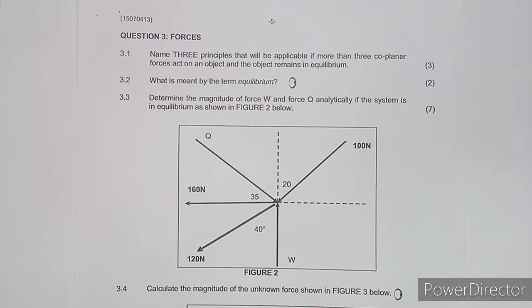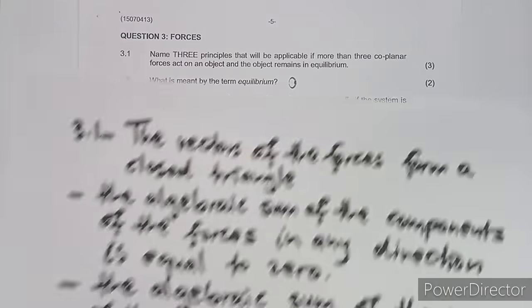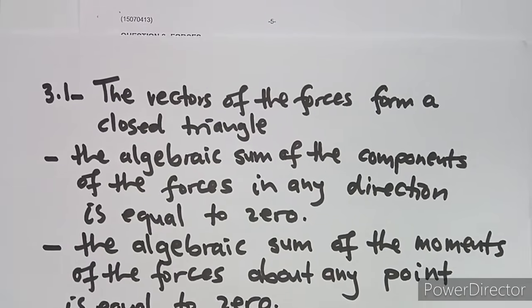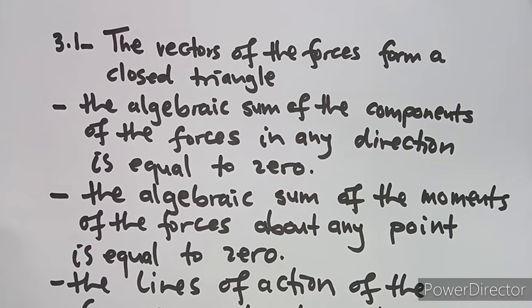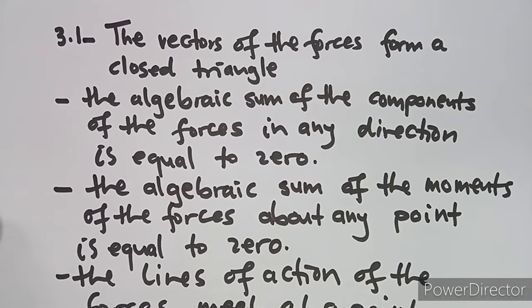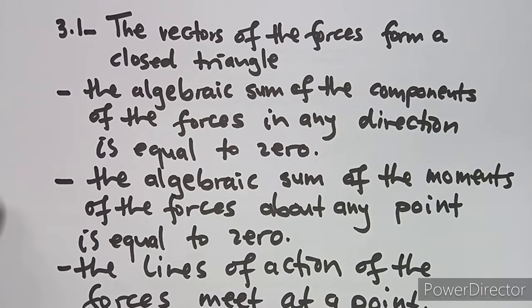Okay, so I've got these 3. In fact, there are more than 3, so you can select from the ones that I have which is going to be best for you. The first one: the vectors of the forces form a closed triangle. The algebraic sum of the components of the forces in any direction is equal to 0.